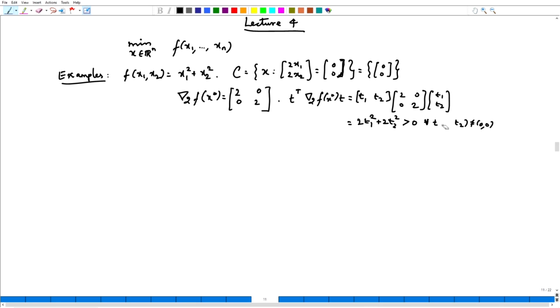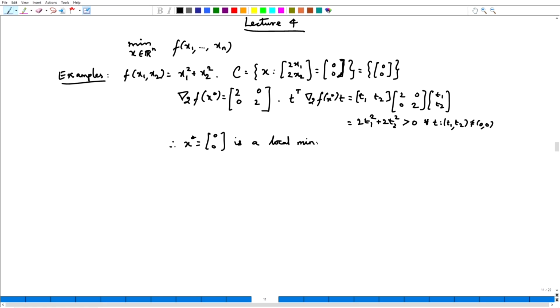So, for all T such that T1, T2 is non-zero, you can see that this is greater than 0. So, therefore, for this particular problem x star equal to 0, 0 is a local minimizer.